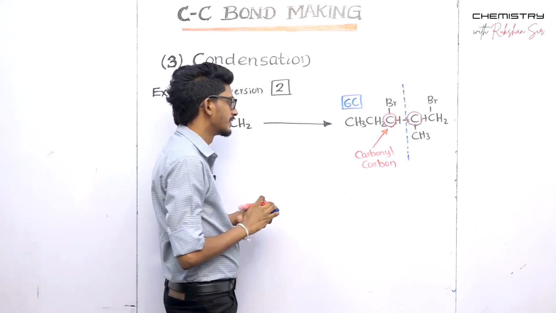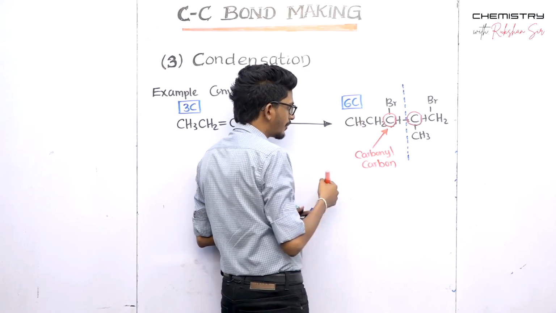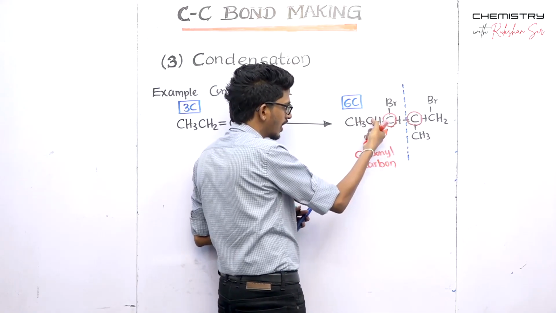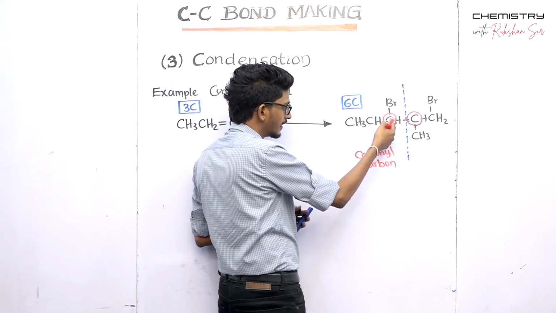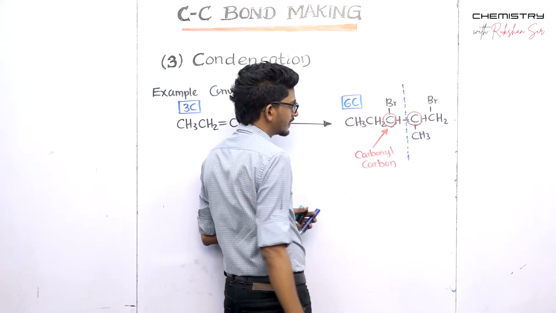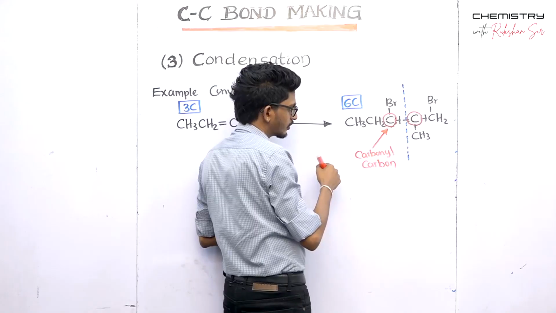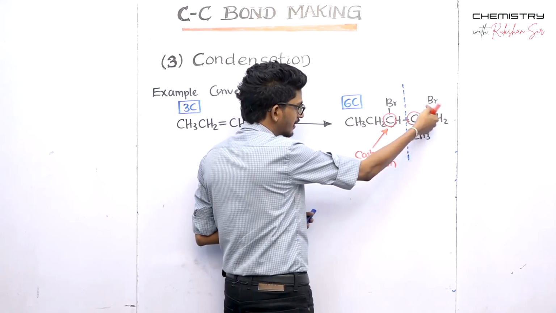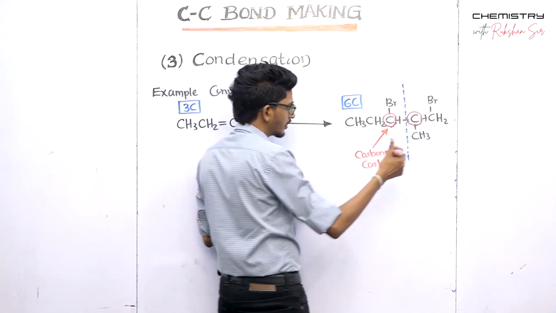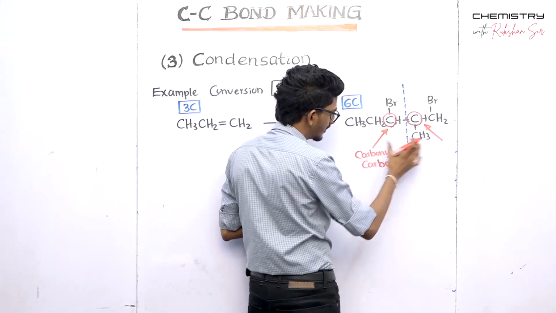If that corner carbon is a carbonyl carbon, the second carbon, the center carbon, should be your alpha carbon. Yes, that is fulfilled here. If this is the carbonyl carbon, this is the alpha carbon, right? So the carbonyl alpha connectivity is met.